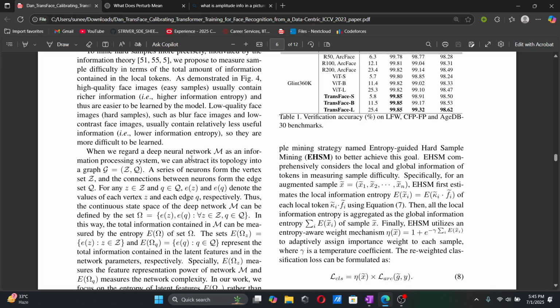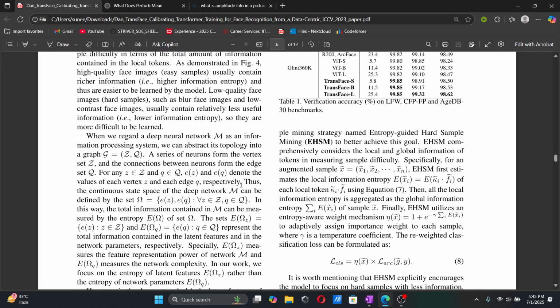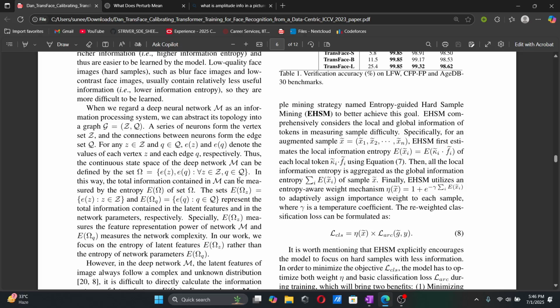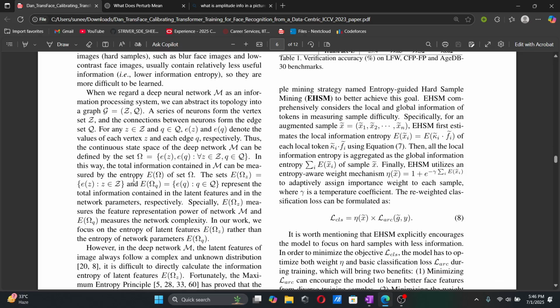A series of neurons form the vertex set Z, and the connections between neurons form the edge set. For any vertex Z and edge Q, E(Z) and E(Q) denote the values of each vertex and each edge respectively. Thus, the continuous state of the neural network M may be defined this way. The total information maintained in M can be measured as the entropy of the set.